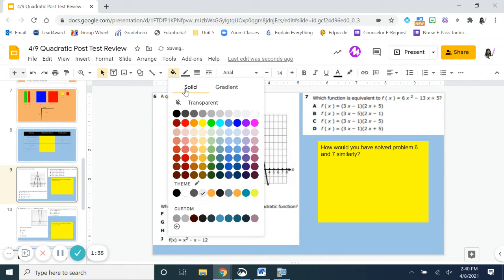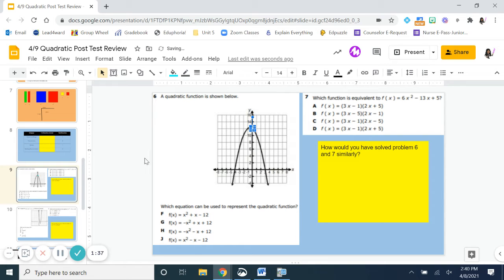And let me make that point right there. So it's at positive 12. So if I look at my answer choices here, the y-intercept is negative 12, positive 12, positive 12, negative 12. So I know that it cannot be the first one or the last one. So I'm just going to cross those out. So it's not that one. And then it's not this one. So it's going to be one of those.